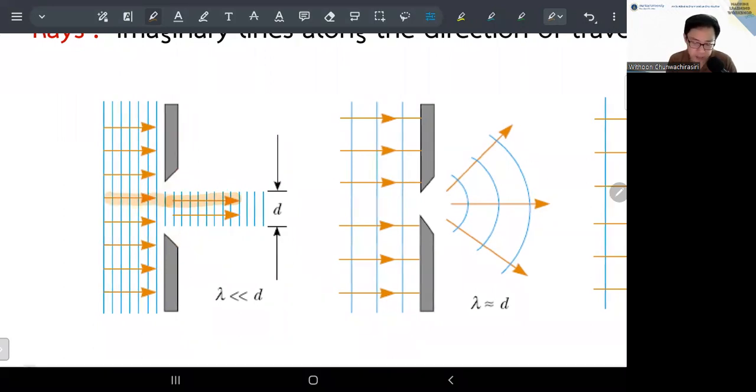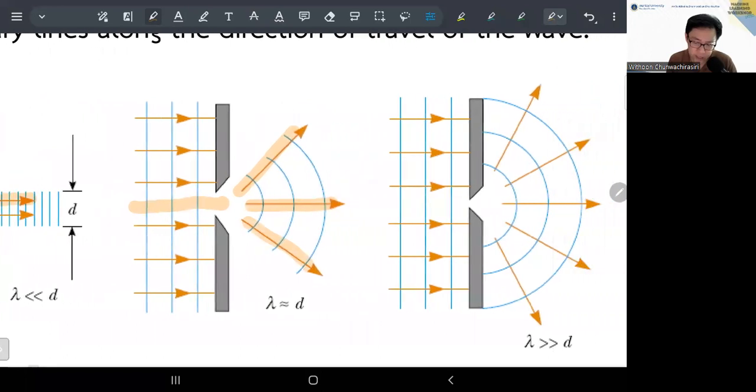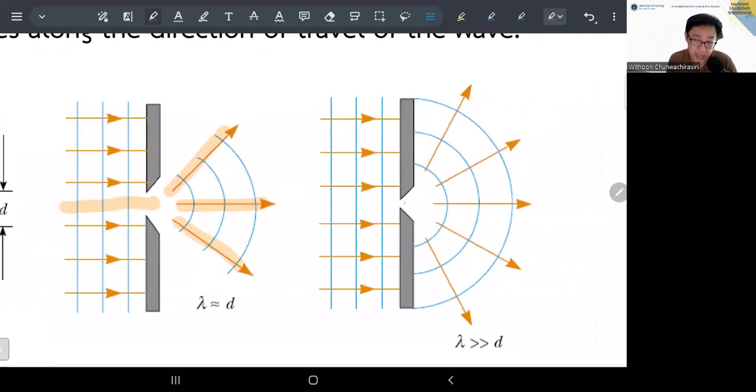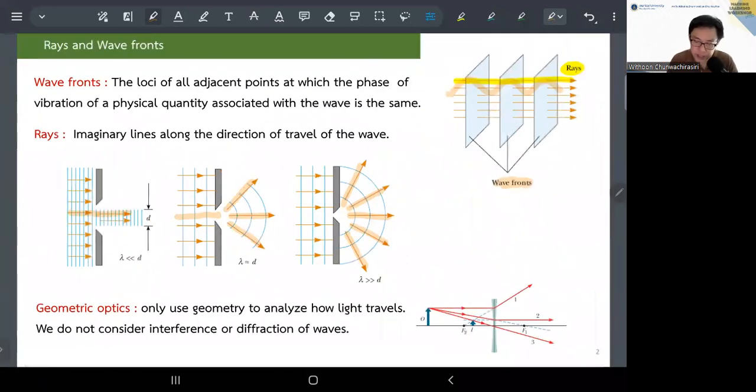But things get complicated when the opening gets smaller. You probably imagine that the wave that gets through that opening will spread out. Have you seen this before? I think you have noticed this. That spreading out is even greater if the opening gets smaller. These two cases on the right are the ones we don't want to deal with.